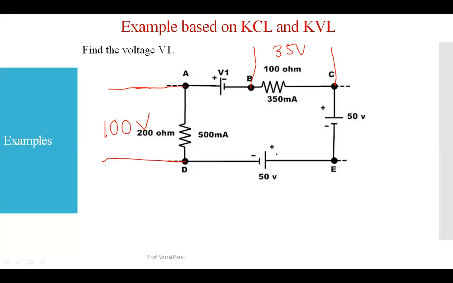Now, according to the position of this battery source, if we assume the current is flowing in the anti-clockwise direction, should we give the polarity to this 100 volt and 35 volt here? So positive, negative, positive, negative.